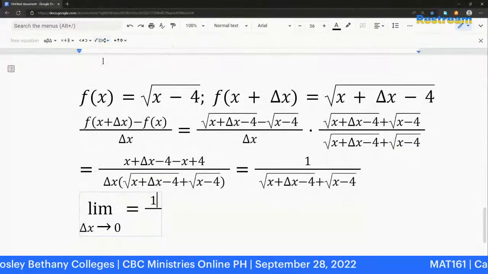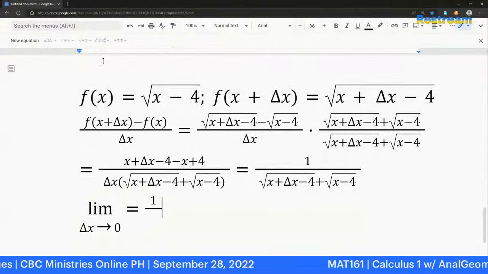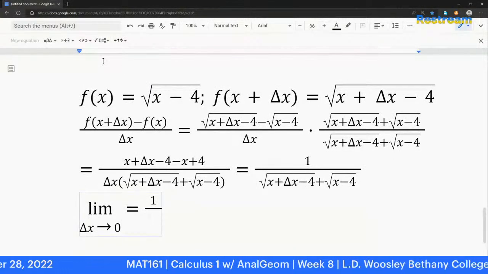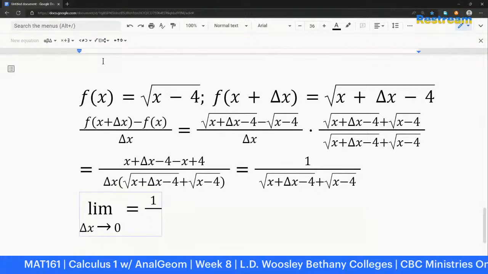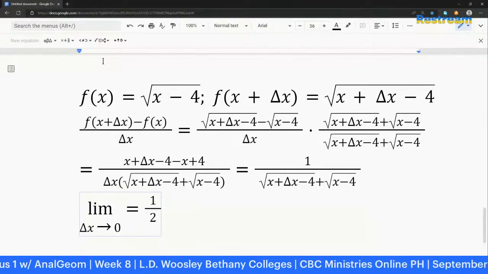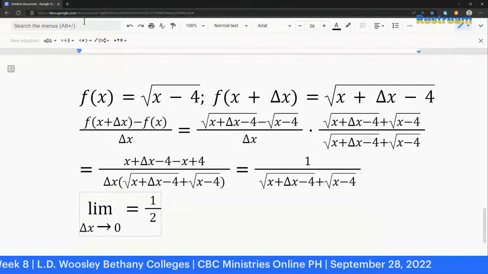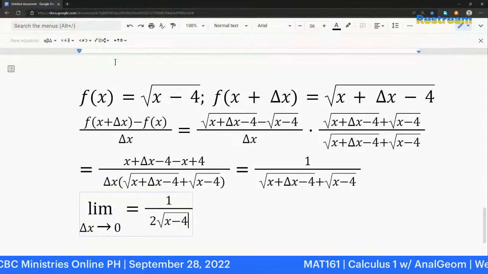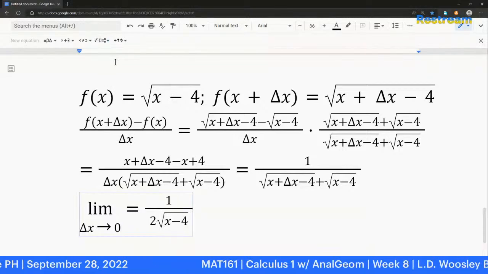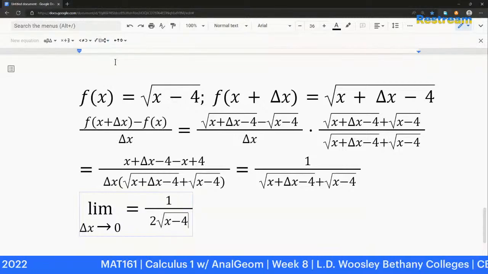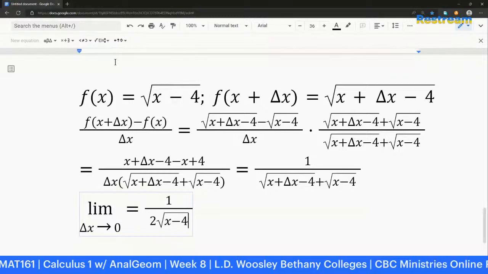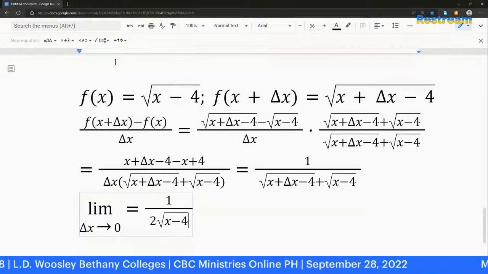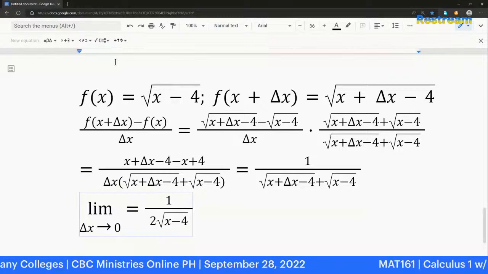Okay. So the answer is 1 all over 2 square root of x minus 4, kasi matatanggal na yung delta x sa 0: square root of x minus 4 plus square root of x minus 4, 2 square root of x minus 4.